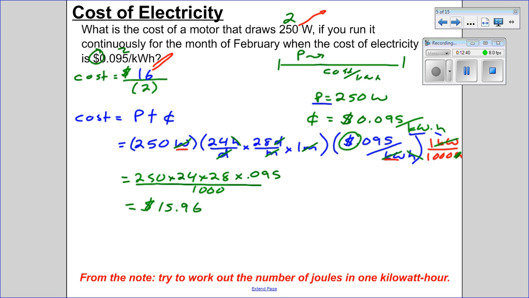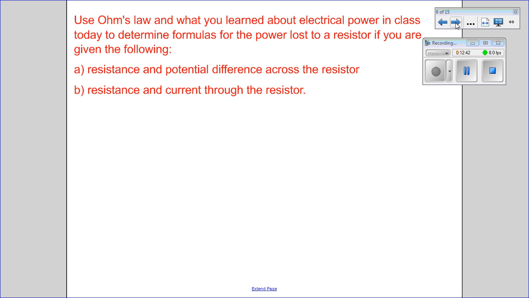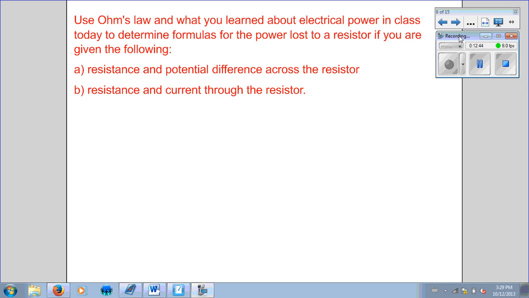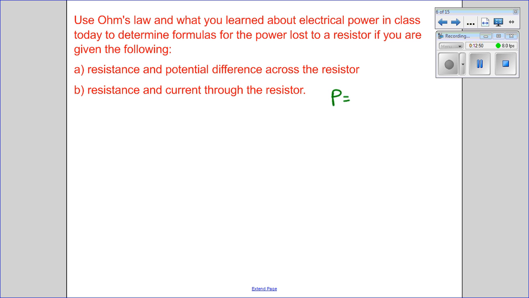All right, last one, 12 minutes. I'm just going to ask you to pause this and read it once I finish speaking. But we talked about power today, which is this one. The power in a circuit, power being transmitted. That's what this stands for. Transmitted power is this value, the volt potential difference across the transmission times the current being transmitted. And what I'm asking you to do is try a little bit of algebra. We'll come back to this next week.